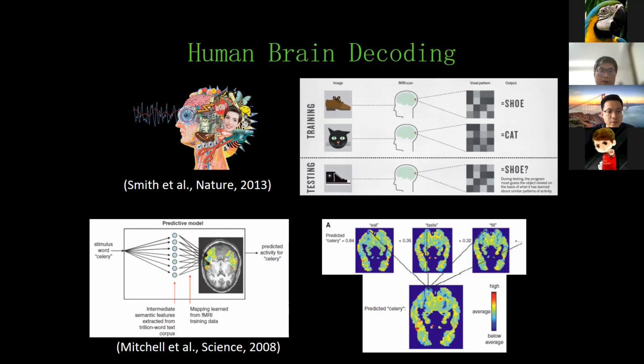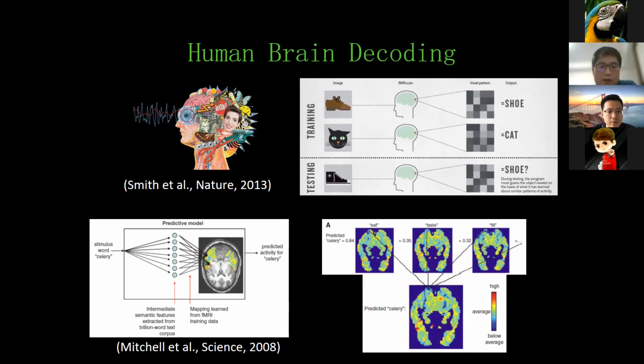For example, when a person sees shoes, we record his fMRI, and when the person sees an image of a cat, we also record his fMRI, and we use the fMRI as input, and the class label, such as cat, as the output, so we can train a model.